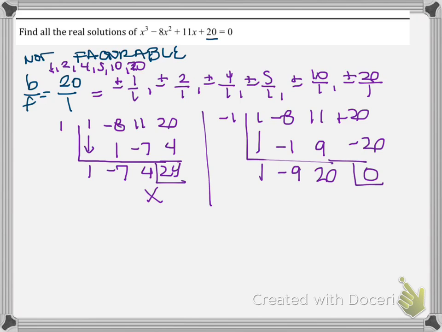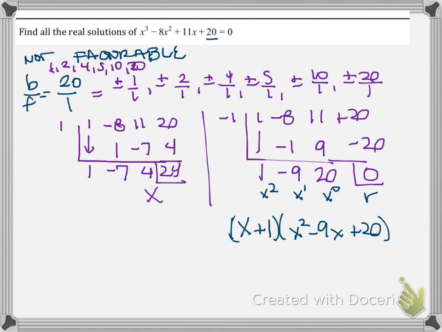Then we have x plus 1. And then we have to write the quotient here, our answer after synthetic division. So this is the remainder. This is x to the 0, x to the 1, x squared. So this is x squared minus 9x plus 20. And then we see if we can factor it further.